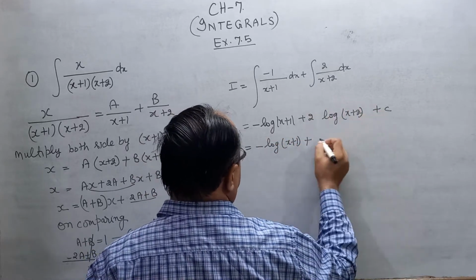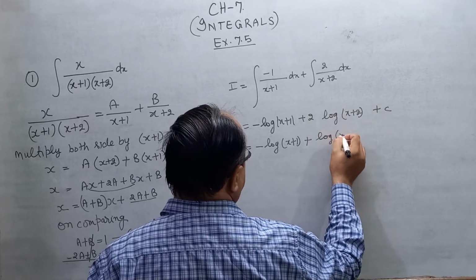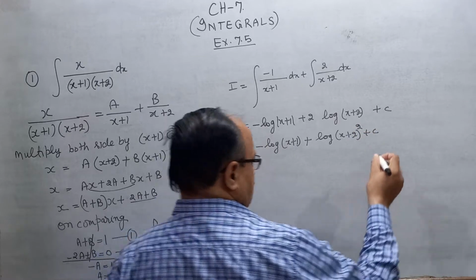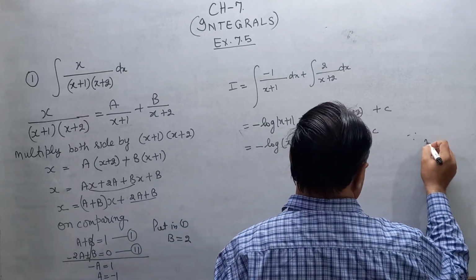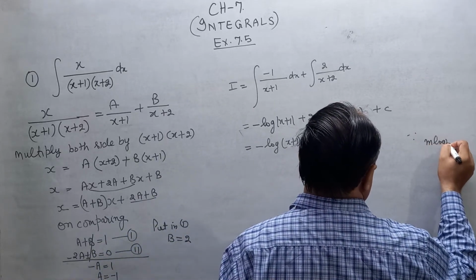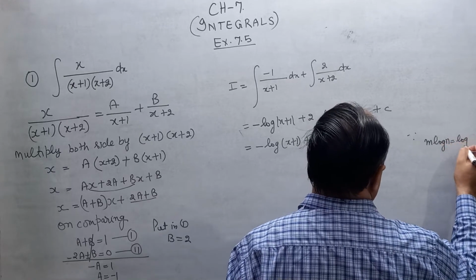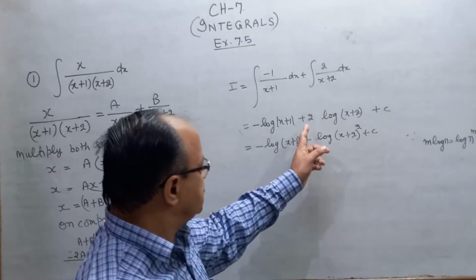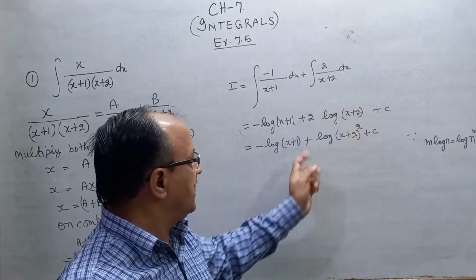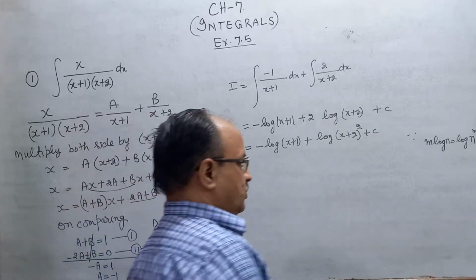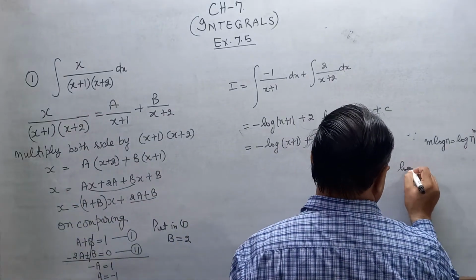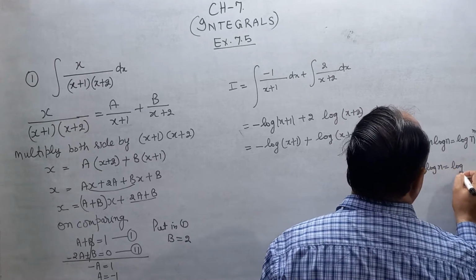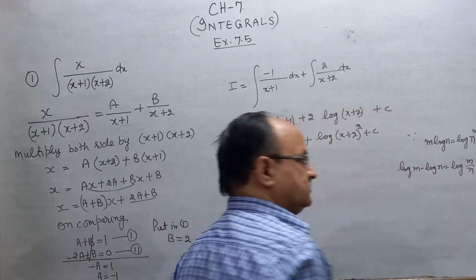According to the log property, you can write log x plus 2 whole to the power 2 plus c. Here we apply the property, you know that m log n is log n to the power m. Apply this property here, and log m minus log n, you know the property, log m minus log n is log m by n.